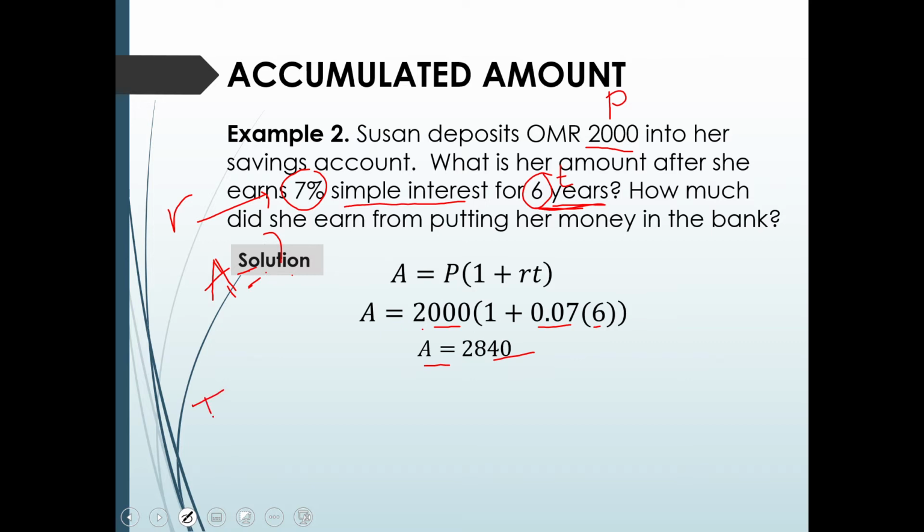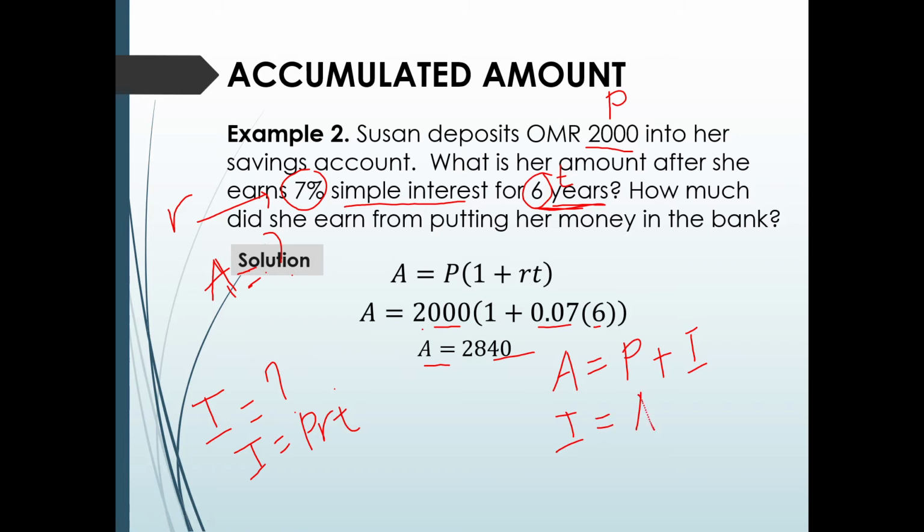And then for the second question, how much did she earn? That means we're talking about I. You can apply I is equal to PRT because we have our P, our R, and our T. Or, knowing that the accumulated amount is principal plus interest, I is A minus P. What is your A? 2,840 minus the principal, which is 2,000.